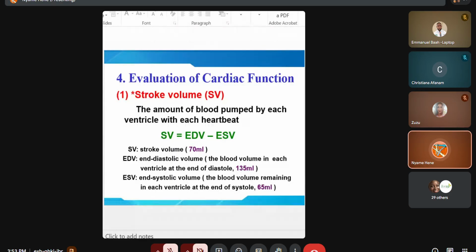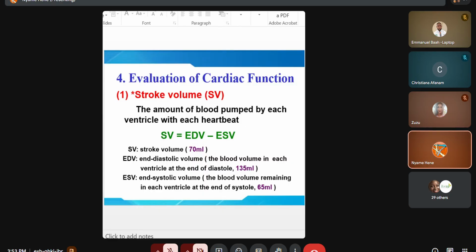So as you contract the ventricle, the contractility is your hand pressing the bottle. Now the amount that went off is the stroke volume.